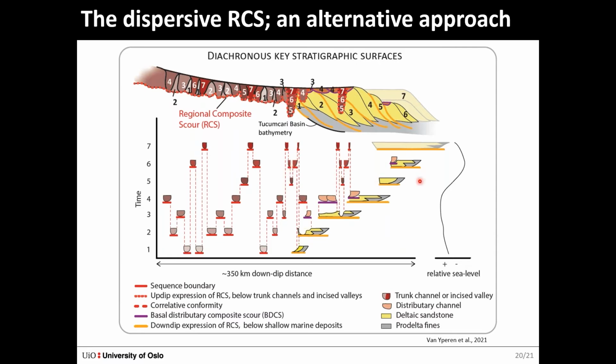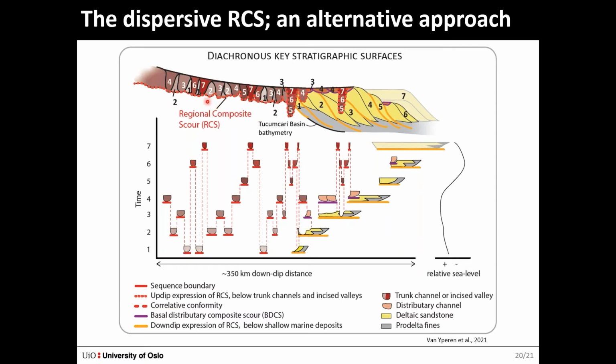They are time equivalent to these discrete deltaic wedges, but also at the same time, sediment in the trunk channels is deposited in the proximal zone and forms this scour underneath. So in other words, the bypassing sediment feeds these time equivalent clinoforms downstream.